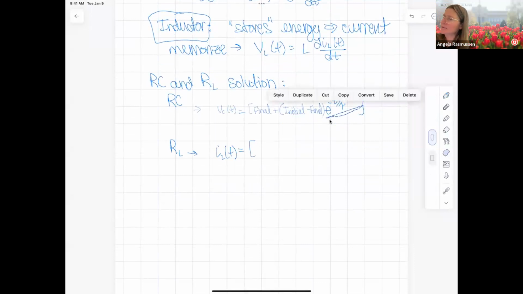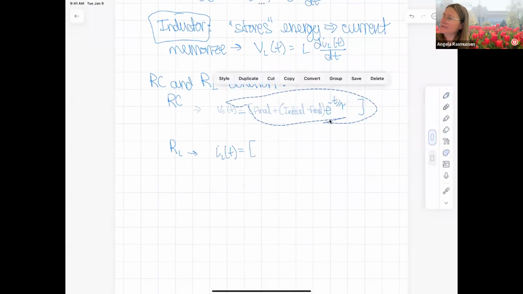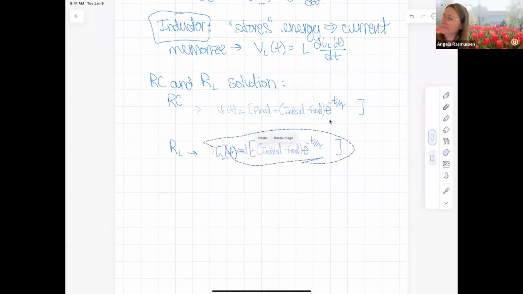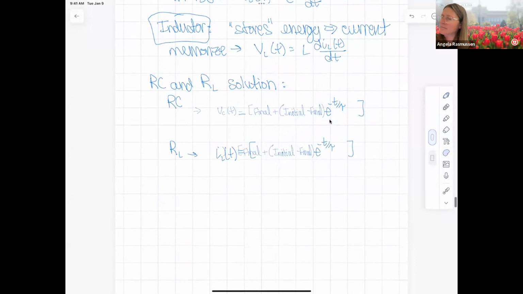And so they're both the same form. Tau is different.